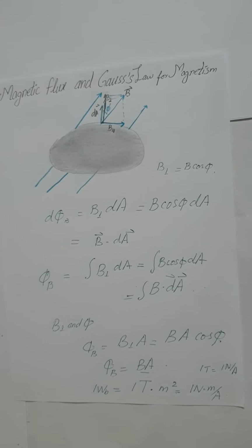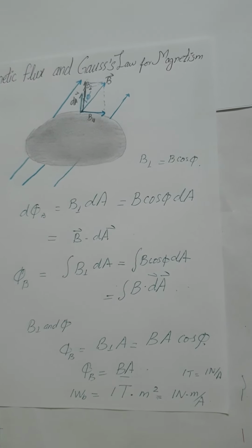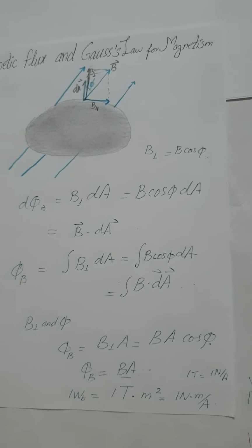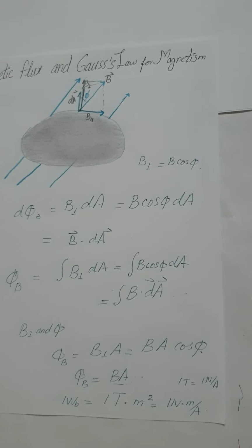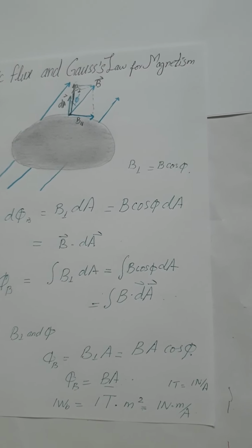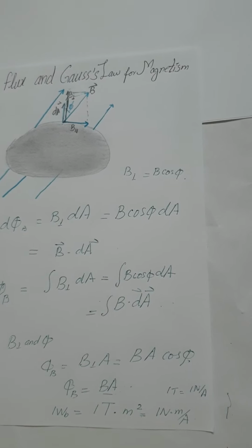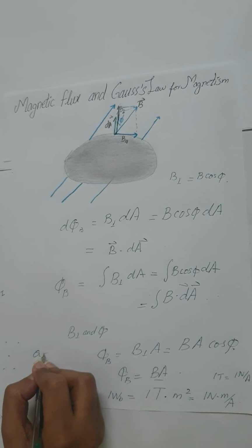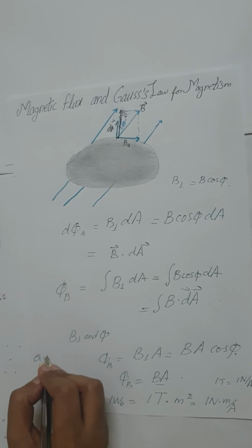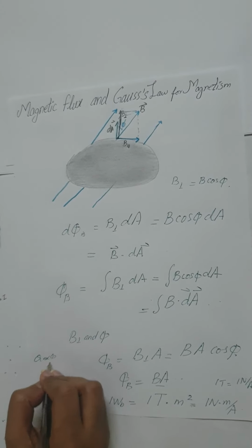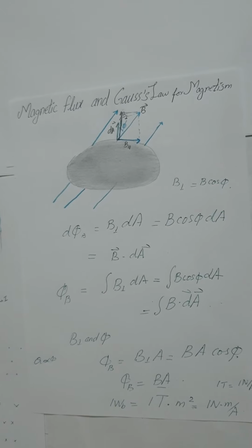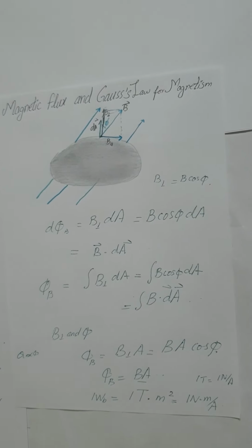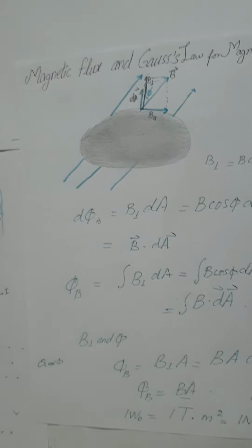The other thing is, in Gauss's law, we knew that the total electric flux through a closed surface is proportional to the total charge enclosed by the surface. Total electric flux is proportional to the total charge enclosed. And let's apply the same rule here.